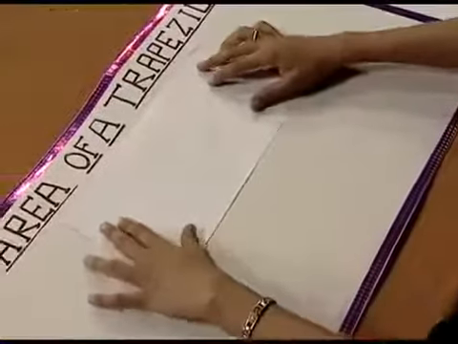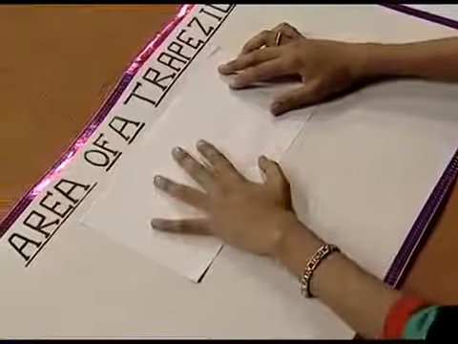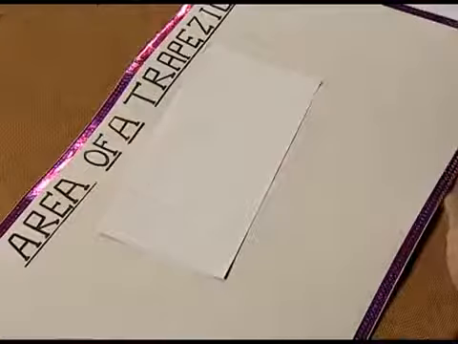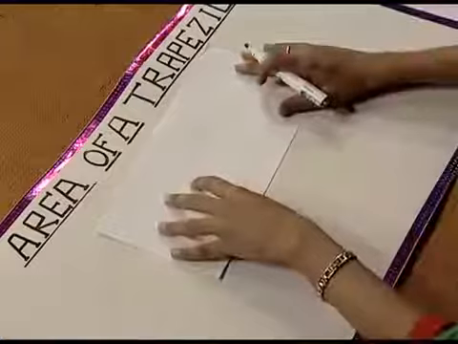Now, with the help of this rectangular sheet, we are going to draw a trapezium. As you can see, this is a cardboard. Now we can place this rectangular sheet anywhere on this cardboard, and with the help of a marker, we mark 4 points.